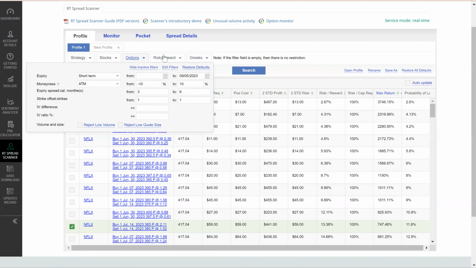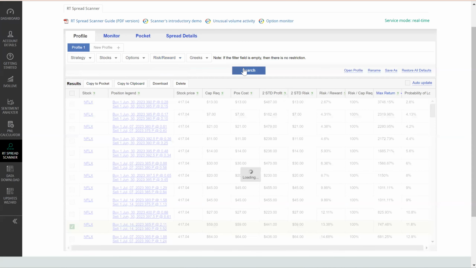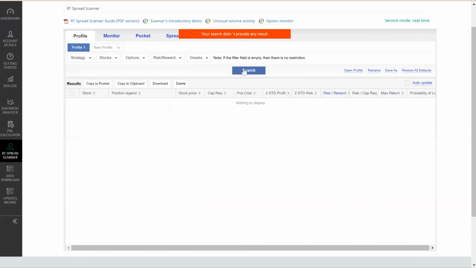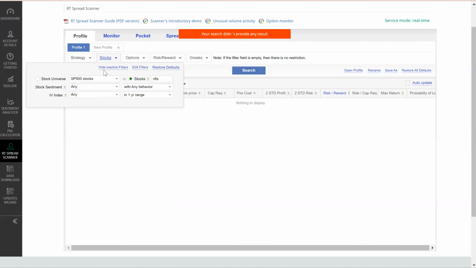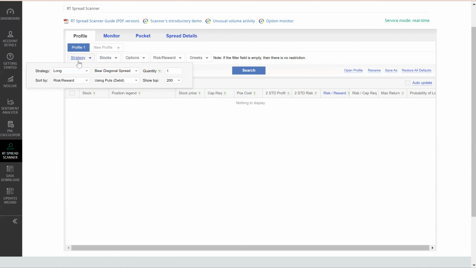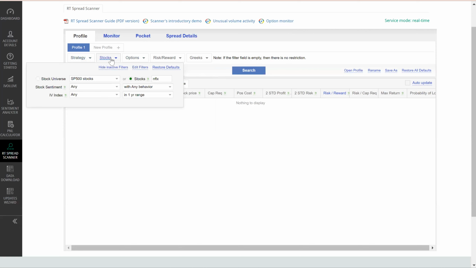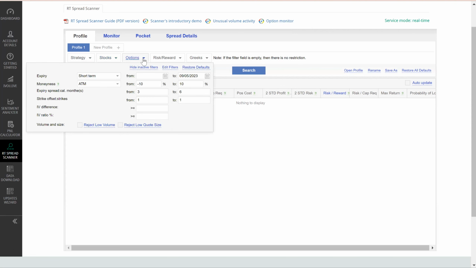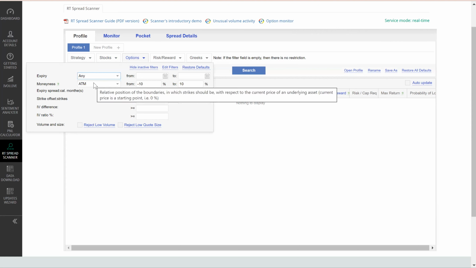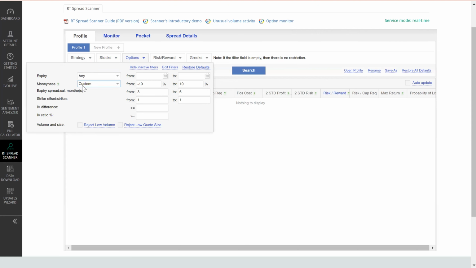So if we go here, all of that is the same. Hit search. So the difference with a bear diagonal, let me see what I did wrong here. Long bear diagonal. Let's also limit this down. Stock, Netflix, options. Let's see what it shows us for any expiration.